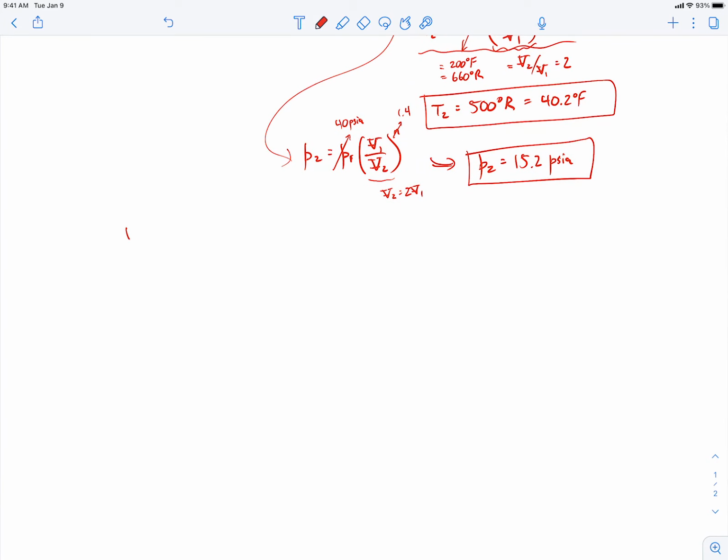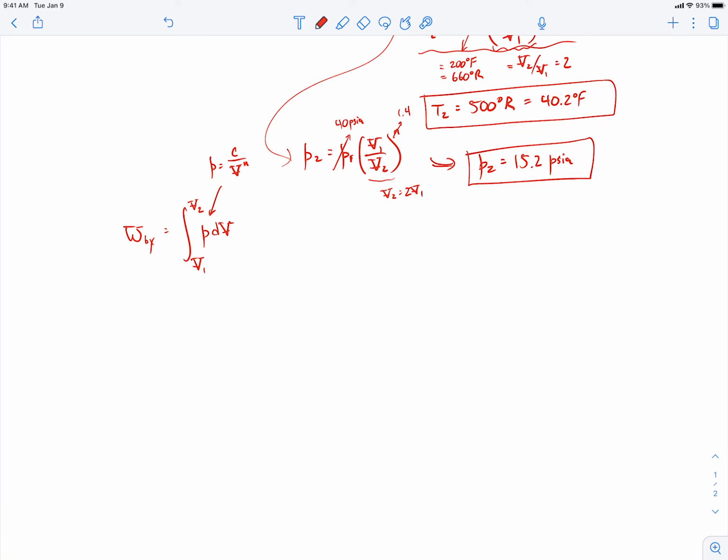Let's find the work done by the gas first. That's PdV work, so it's going to look like the integral of P times dV as we go from the initial volume to the final volume. Then I can use the expression for a polytropic process to substitute in to get the pressure in terms of the volume.